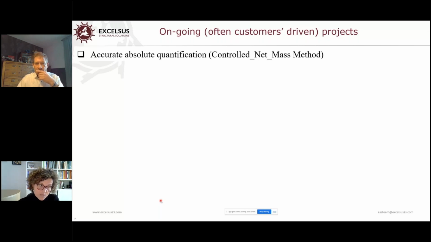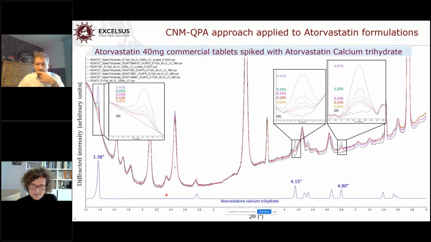And so quantification really relies on precise measurement. Here I just show you one set of patterns where we were quantifying in this way, and you can see the trend was quite impressive. And this is a poorly crystalline material.